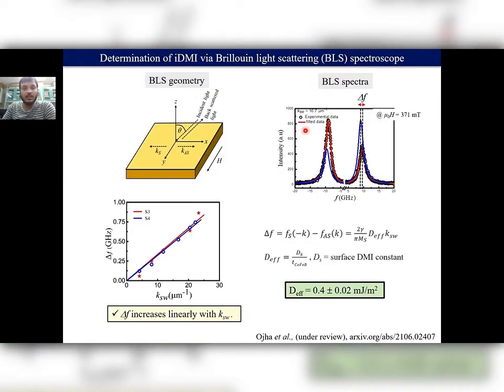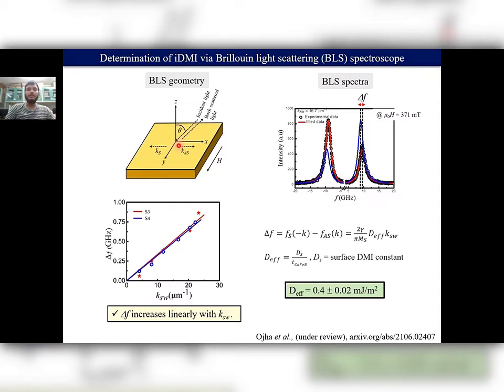As I told, IDMI plays a crucial role in stabilizing the skyrmion in a multilayer thin film. That's why we have quantified the IDMI using the BLS technique. In this technique, polarized laser light is incident on the sample, and the photon-magnon interaction happens.